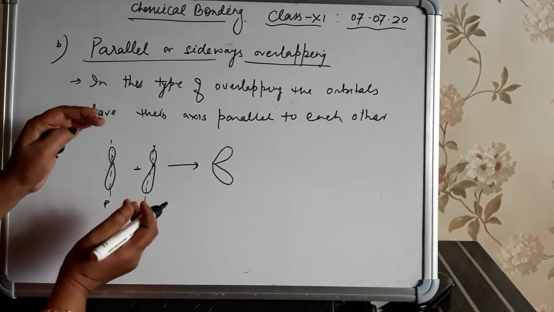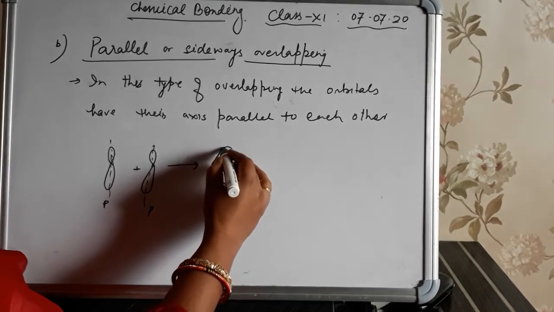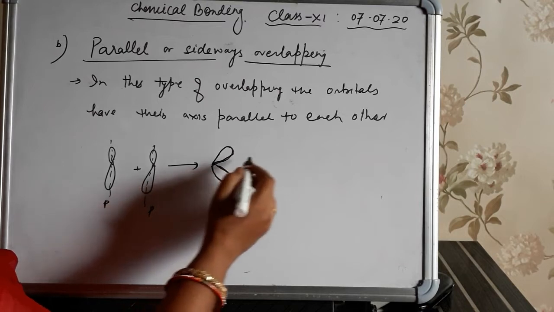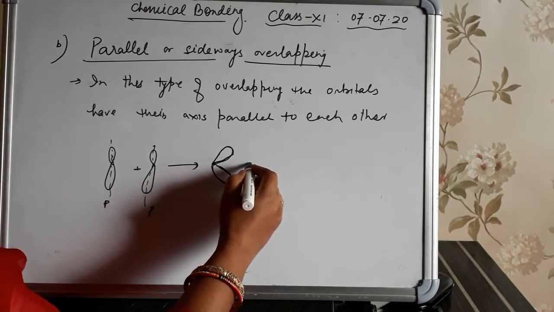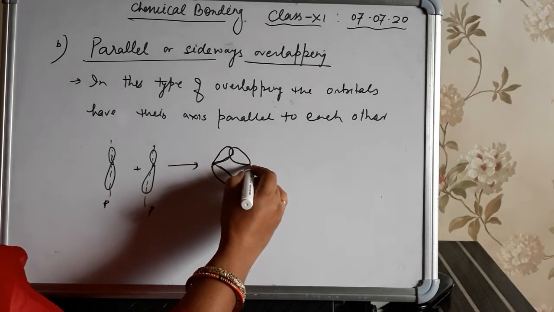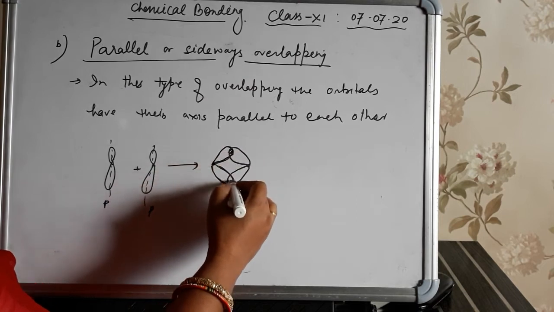So it first bends like this, the p orbitals start bending like this, and another p orbital bends like this for overlapping. So this is the overlapping area.